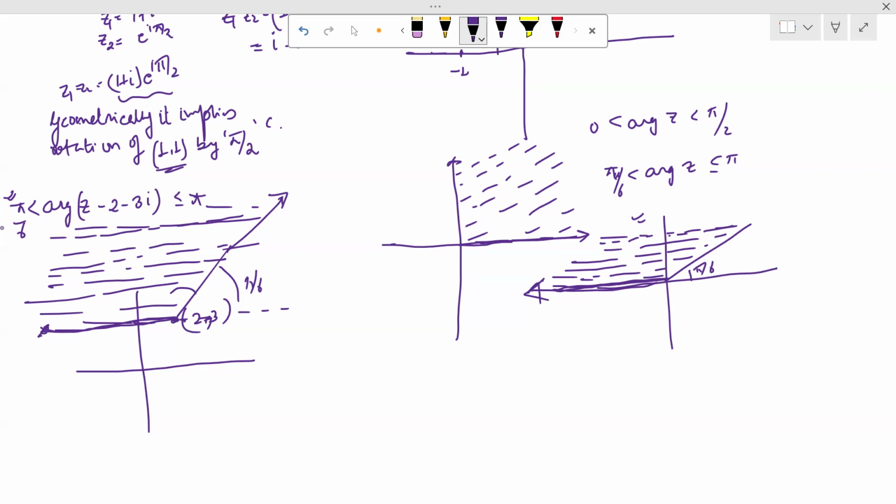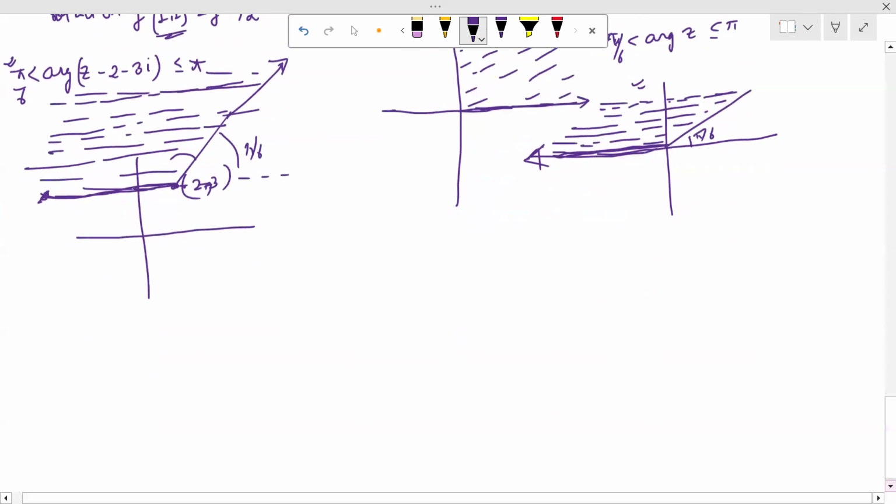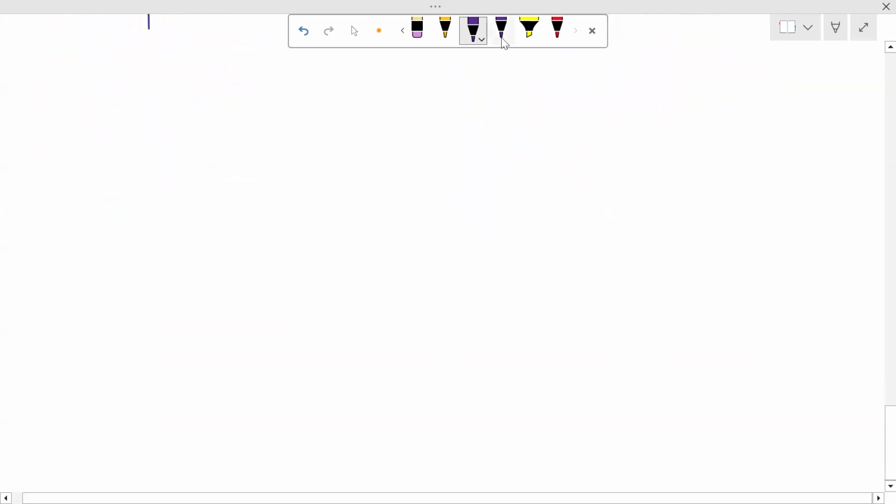Okay. So certain more things we are going to discuss. Let us just think about it a little bit. I'm writing questions, not in general, but just think about these things, and then we'll discuss all of them. What do you think this region would be?